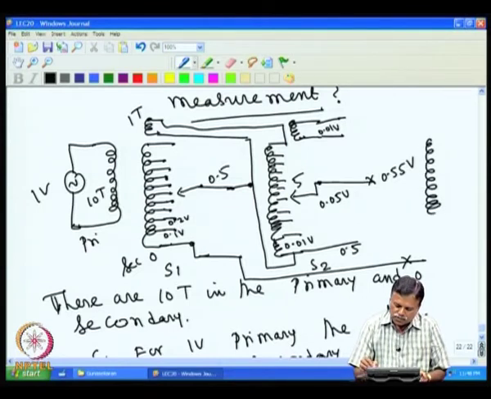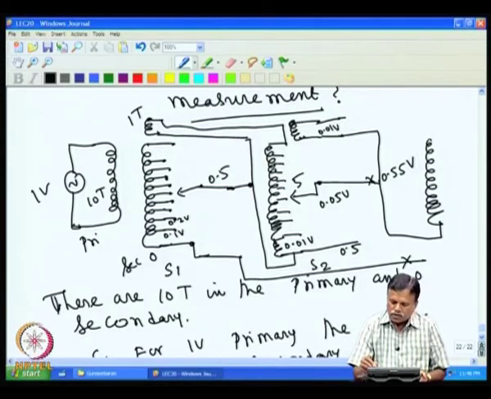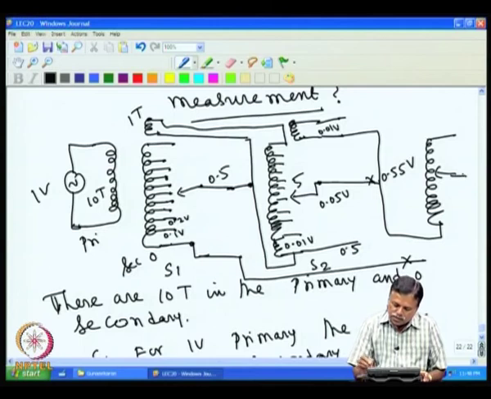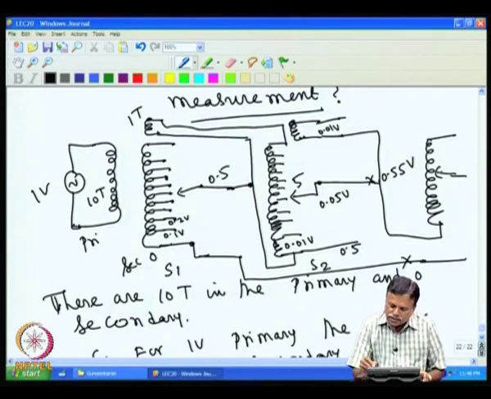Same thing I can do, I can connect this to this, connect to this. So, you can use this one as a third winding S3.